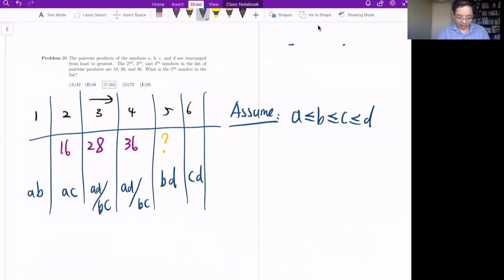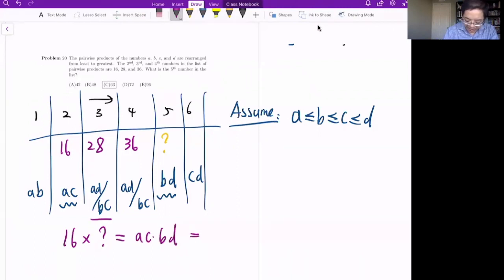Okay. But in whatever case, you see, this is AC, this is BD. So then what we have is 16 times the question mark equals AC times BD, which is the same as the product of the two middles, regardless of which one is AD or BC. So it's AD times BC, which is 28 times 36, right?